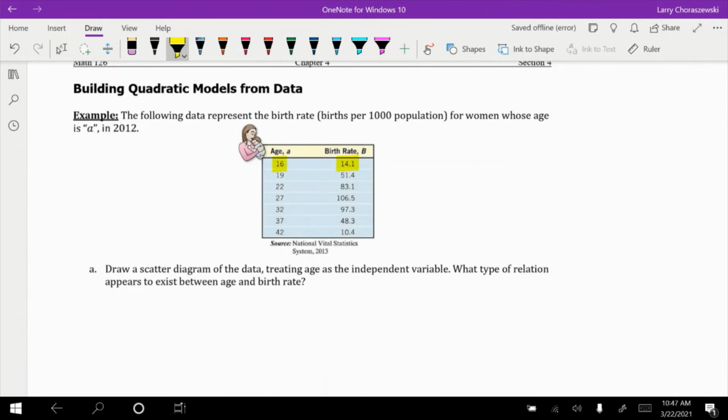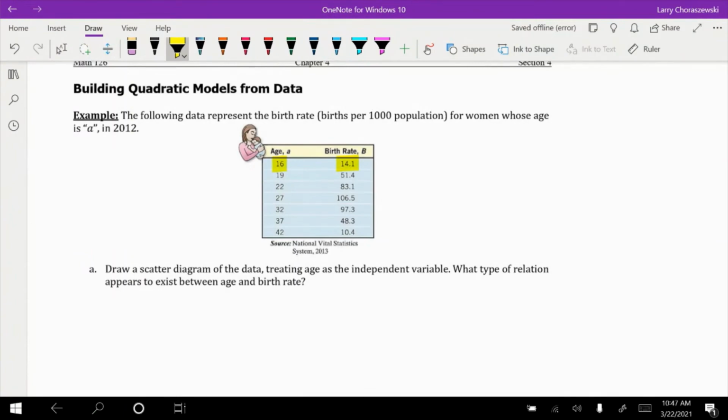You'll notice as the age increases, the birth rate increases. We have a peak birth rate in this table of 106.5, corresponding to the age bracket of 27-year-olds. And then it decreases. It goes from 106.5, drops down to 97.3, and then it drops pretty significantly as you increase in age.